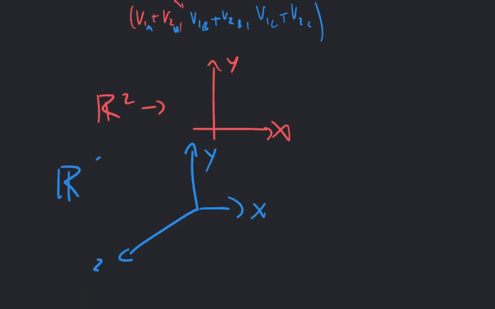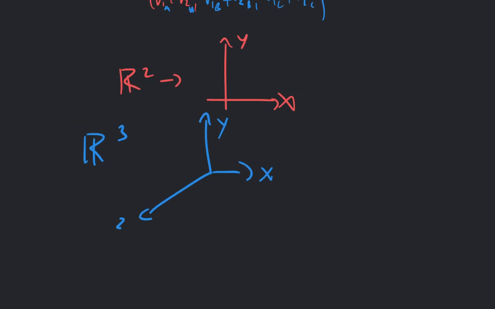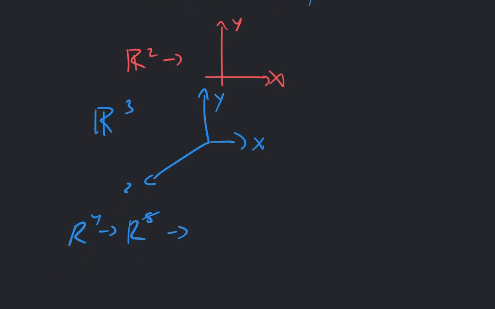And you can keep going on, R4, R5, etc. Vectors here add together, and you can have scalar multiplication.